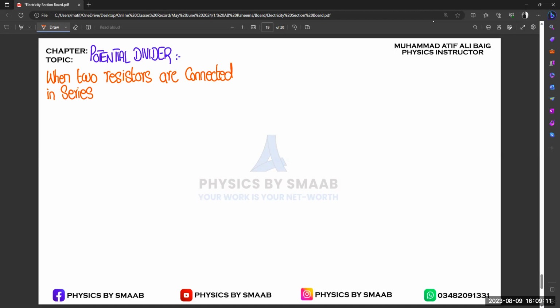In parallel combination, it will remain the same. We discussed this in the concept of series and parallel resistors, right? So in series combination, you know that voltage will divide across the components.